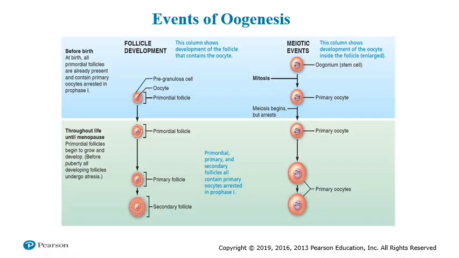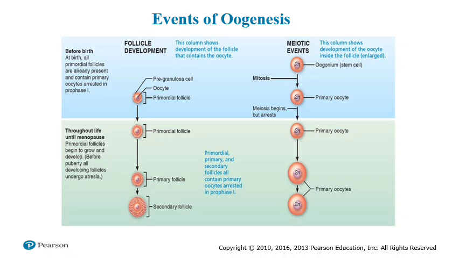So these eggs are inside a follicle. All of the primordial follicles are already there in our ovary before we were even born. And all of these follicles contain all of the eggs that we are supposed to be ready with for ovulation throughout our entire sexual life, from the time the female gets into puberty, all the way to the time that she will lose the menstrual period, which is menopause.